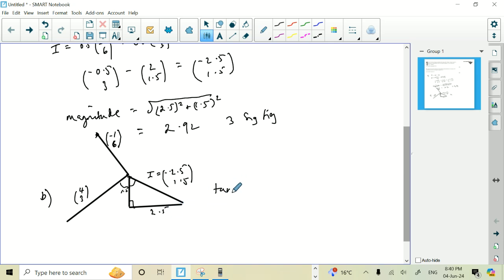So the tan to the minus 1 of 2.5 over 1.5, because opposite over adjacent, will give me the tangent of the angle, and that gives me 59.04.